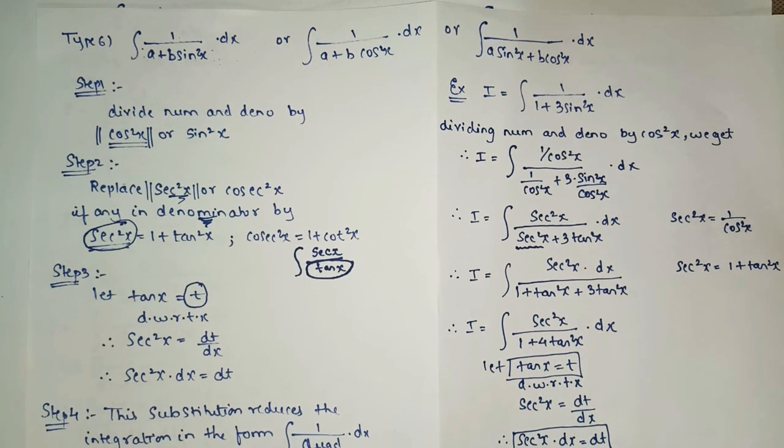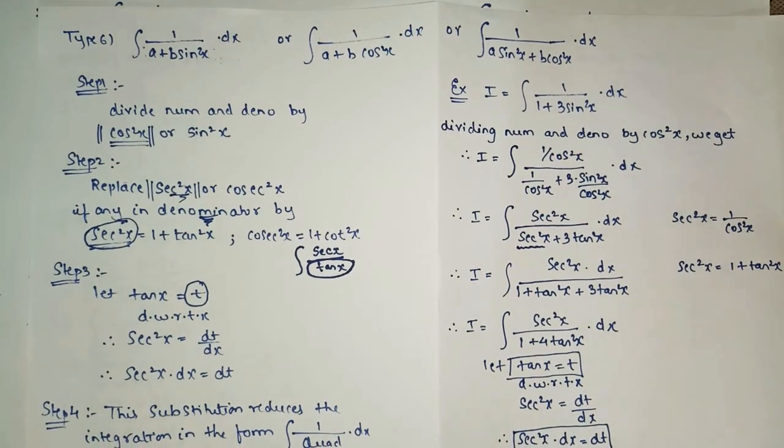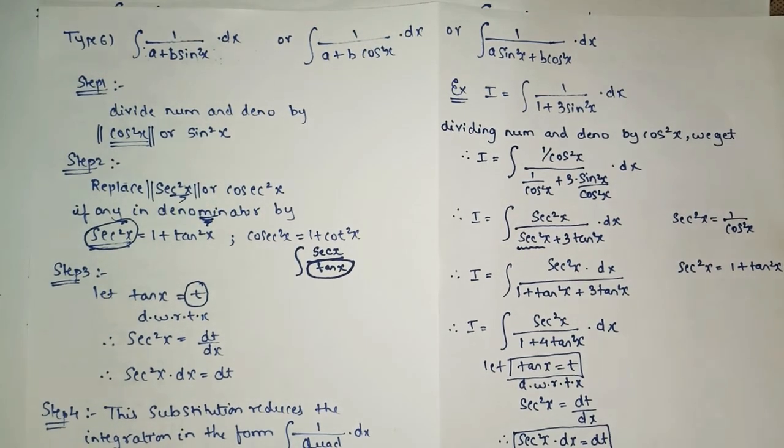I hope you all understood type number 6, each and everything, as here we took 3 examples for type number 6. So here I can say that is the end of type number 6 and the end of all the 3 important types from integration, that is type number 4, 5 and 6.